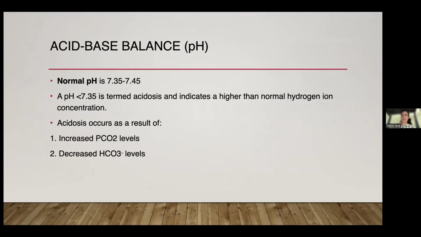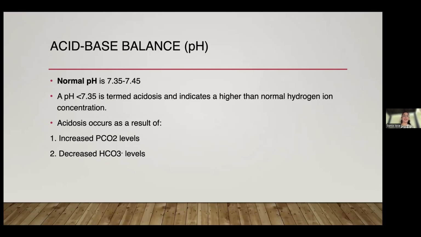So next is the main topic, acid-base balance. Normal pH is 7.35 to 7.45. A pH of less than 7.35 is termed acidosis and indicates a higher than normal hydrogen ion concentration. So we all know what is acidosis and alkalosis.